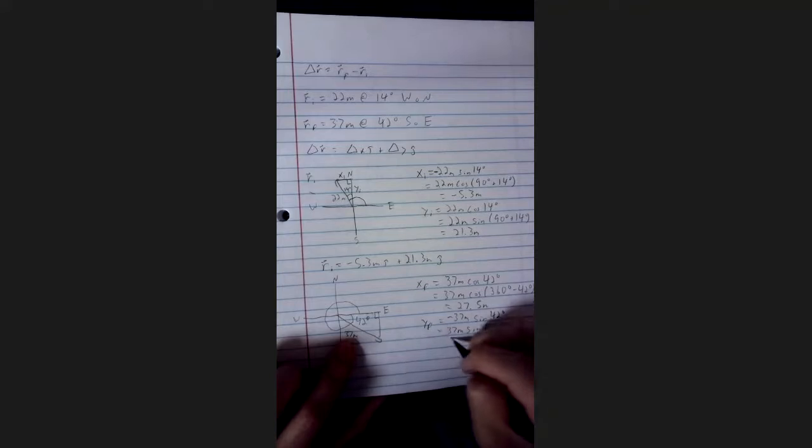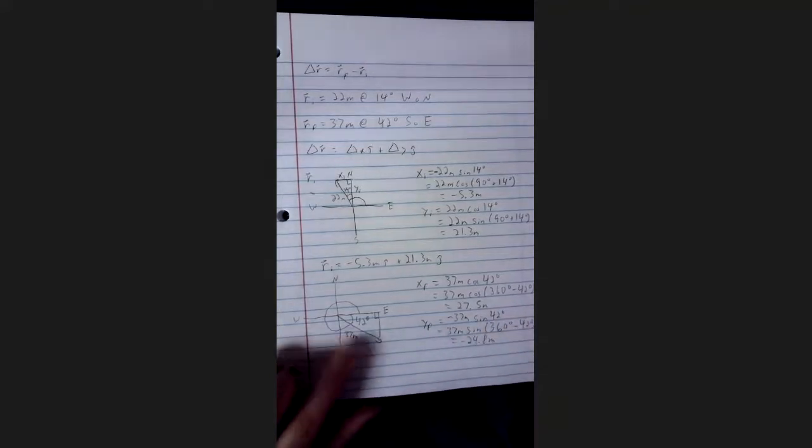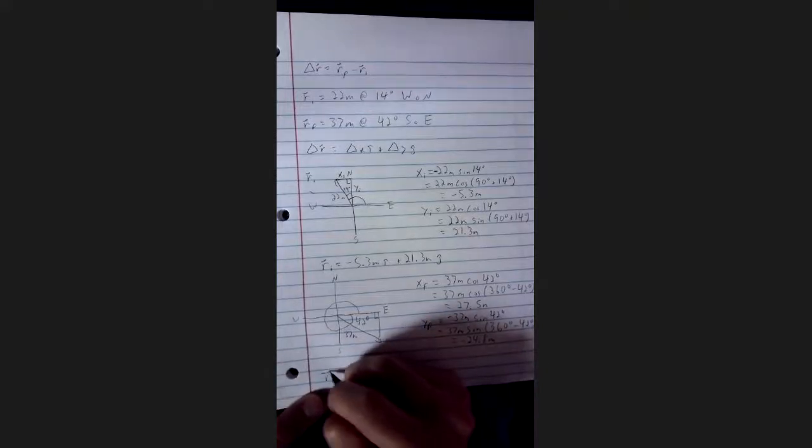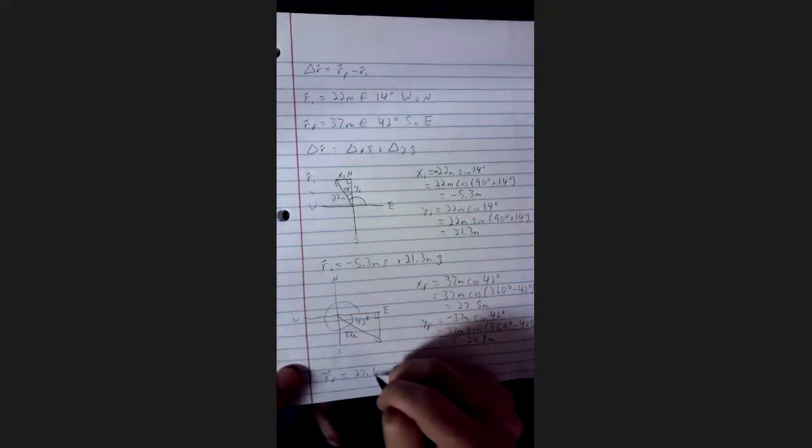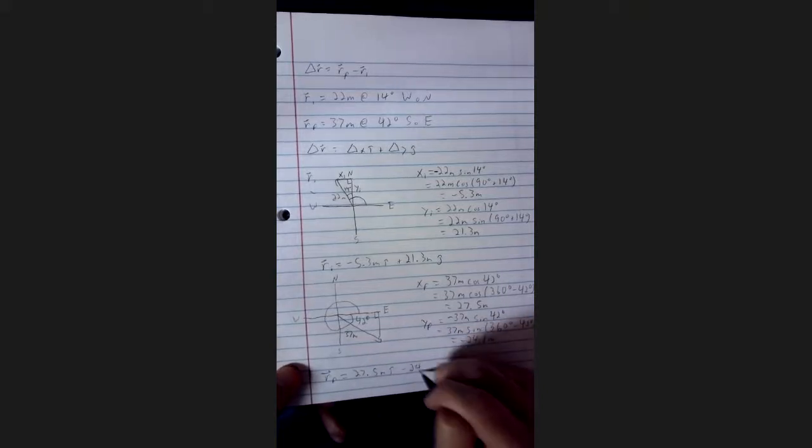So this is negative 24.8 meters. So our final position then is 27.5 meters in the x direction minus 24.8 meters in the y direction.